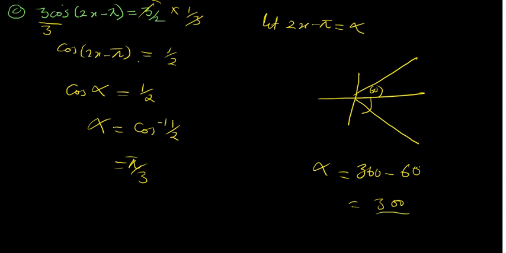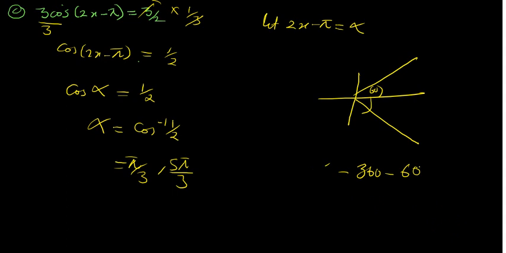Now we convert this 300 to radians by multiplying by pi over 180, so that 0 and that 0 cancel out. So 30 over 18 gives us 5 pi over 3, so that is the other angle, 5 pi over 3.